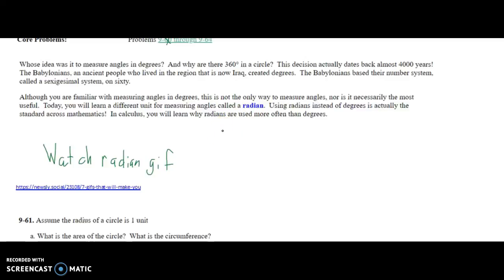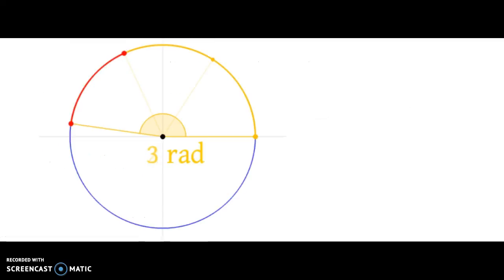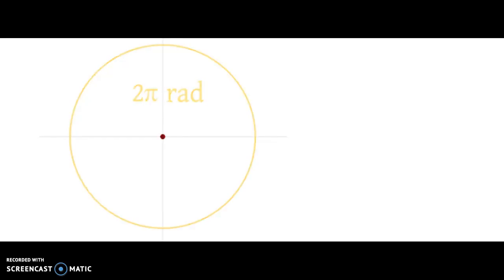I'm going to watch a little animation here to help us see where radians come from, how we get them, and what exactly they are. We start out with a radius, some distance, and we draw a circle. Then we take this radius and put it outside onto our circumference.